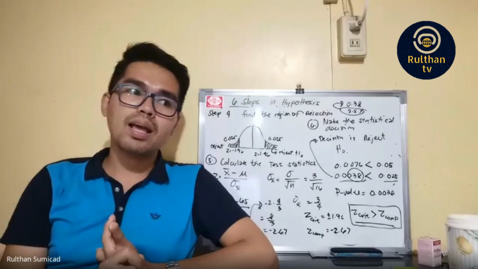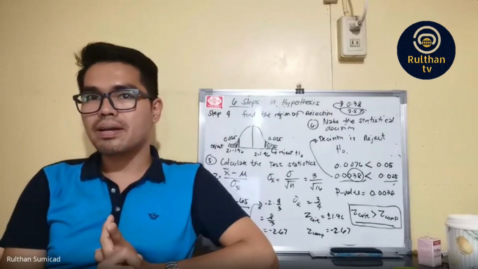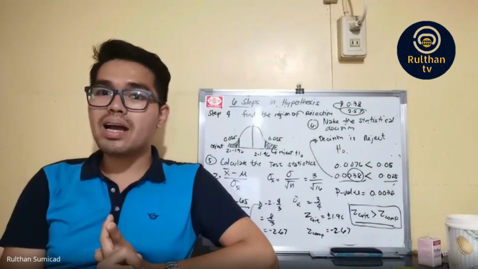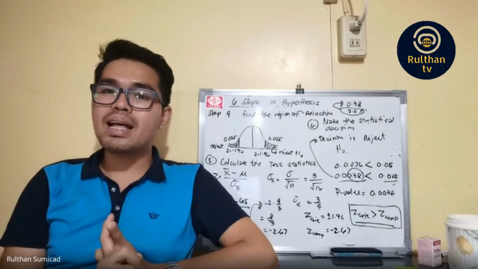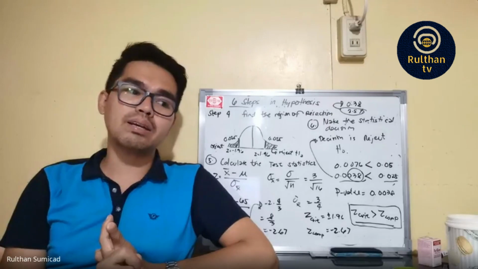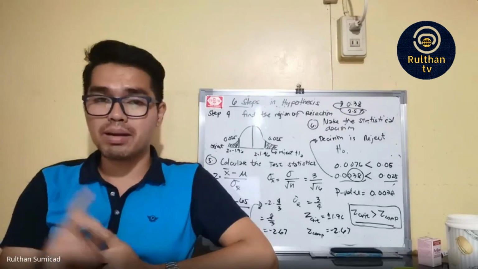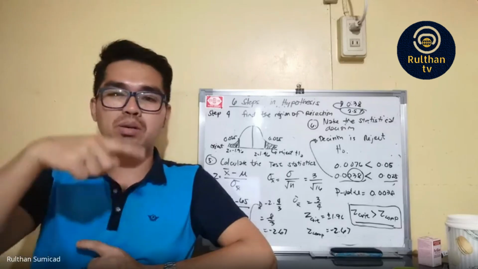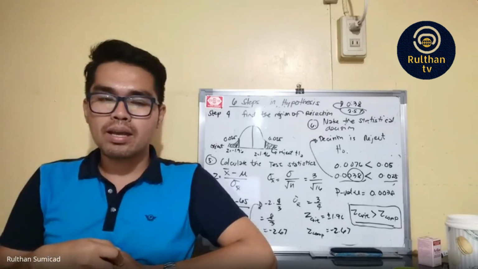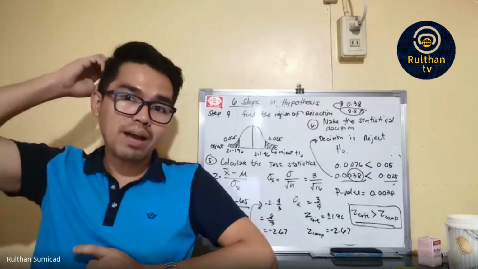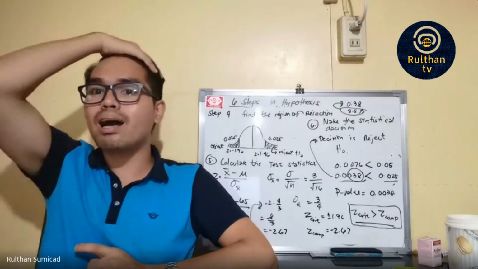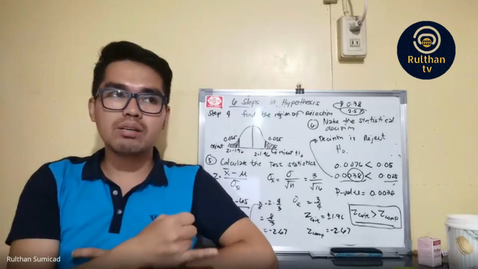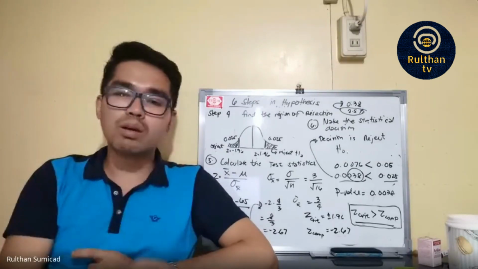For example, the color of the eyes, or the gender or sex of the respondent. These are nominal data, measured at the nominal level of measurement, because you cannot rank male or female as first or second. They are also non-quantifiable. You cannot count gender, like male is one, female is two.